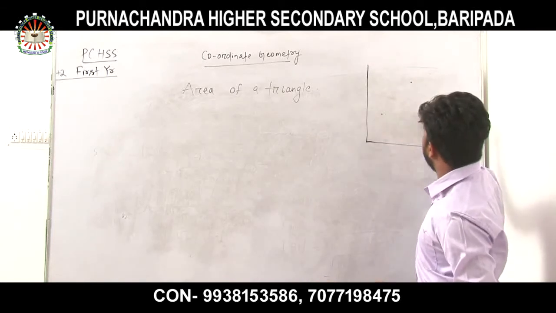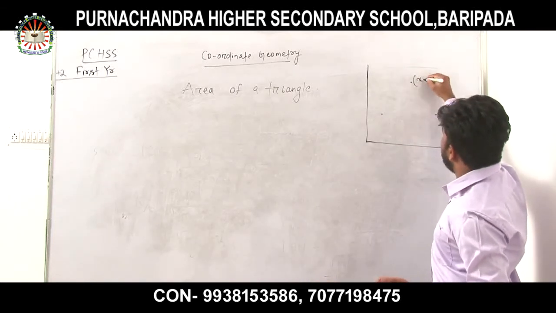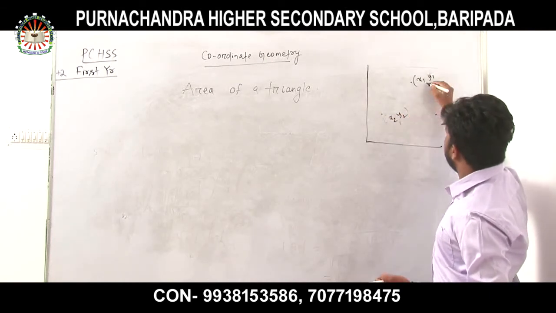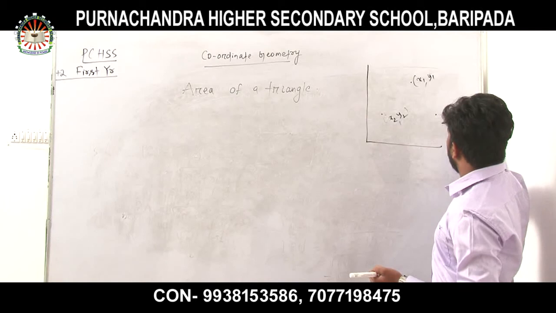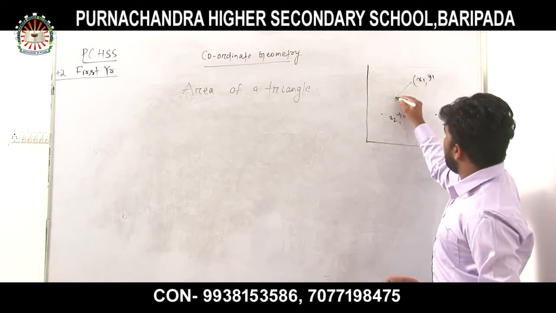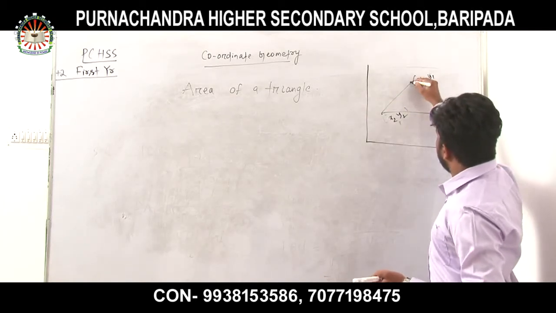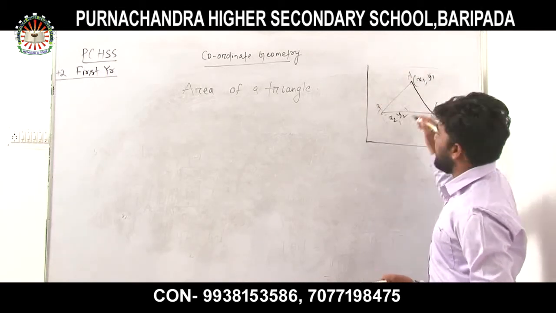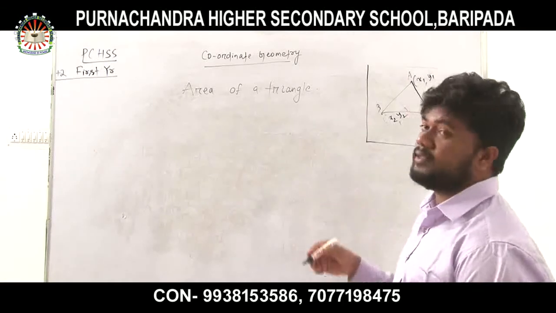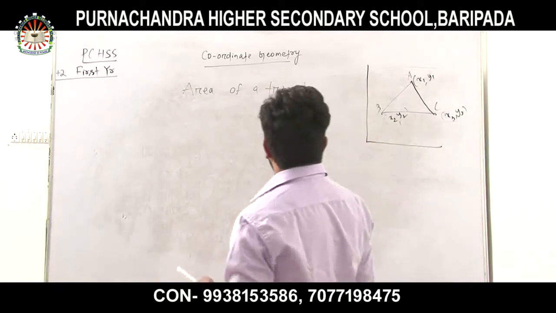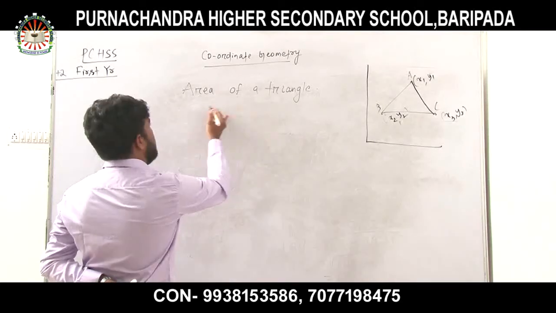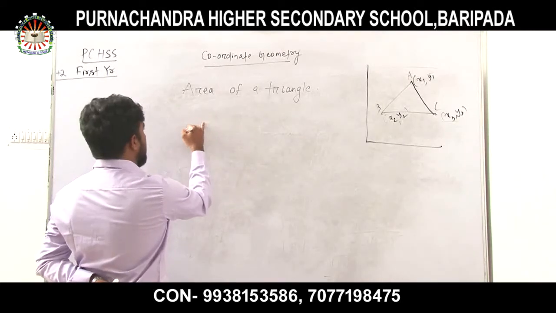The coordinates are x1 y1, x2 y2, and x3 y3. From these we derive the area of triangle ABC. It is a formula you already know from your 10th class.